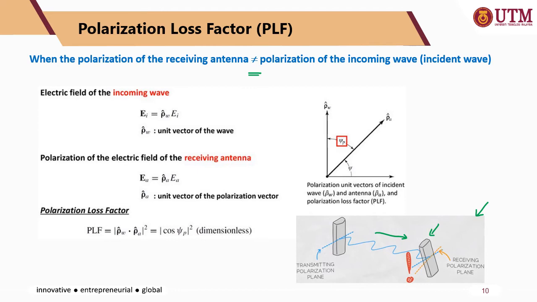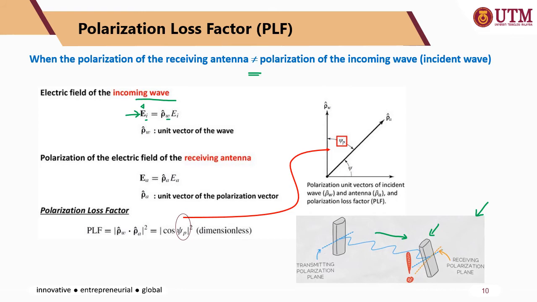Okay, in terms of the mathematical representation, polarization loss factor or PLF can be calculated by multiplying the two unit vectors. The electric field of the incident wave is represented as EI, equal to the unit vector of the incident wave, rho W, multiplied by the electric field magnitude of the incident wave.